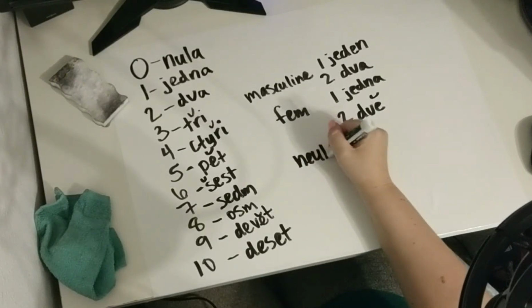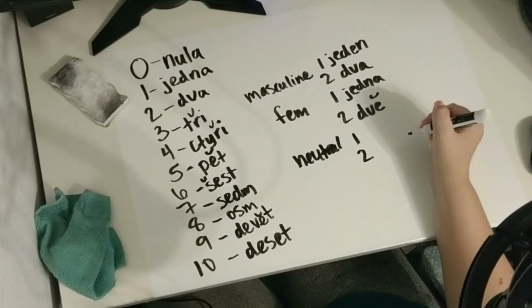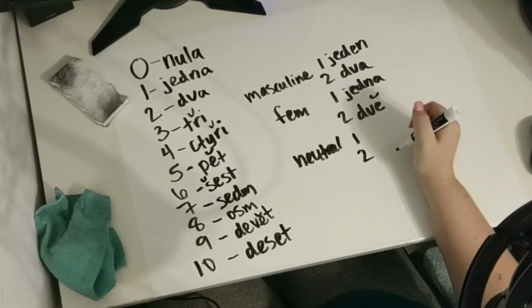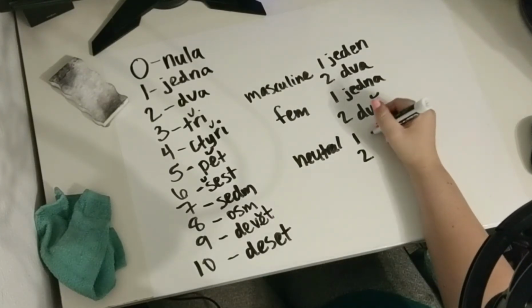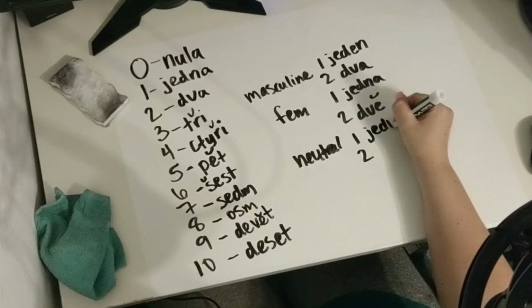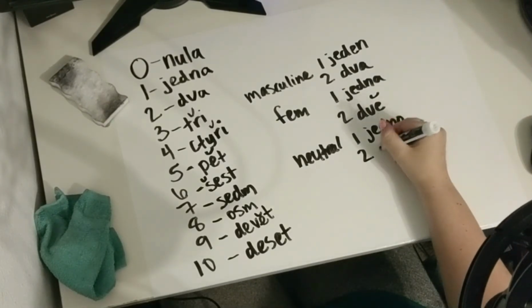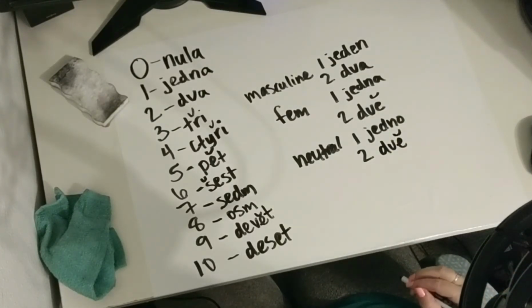And then neutral, if it's a neutral noun. If you haven't studied any other language that includes that, that's a whole other conversation. We're not going to worry about it today. A neutral one is jedno. And two is the same as the feminine, dvě.